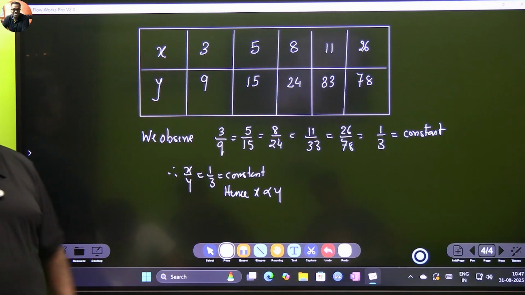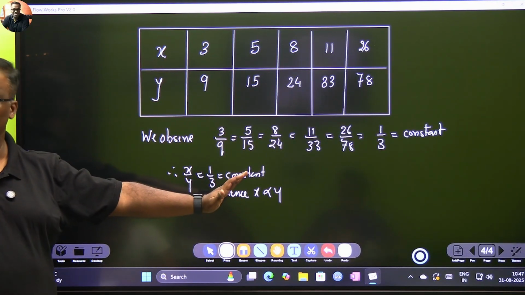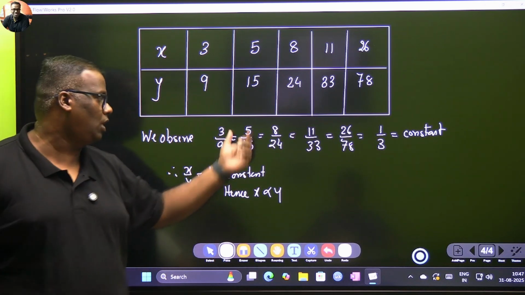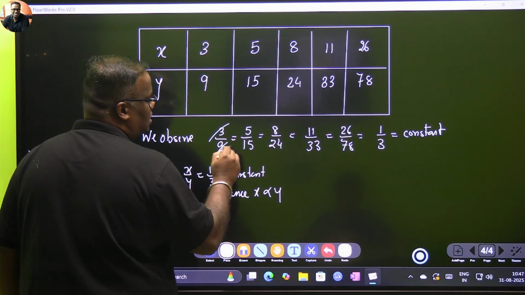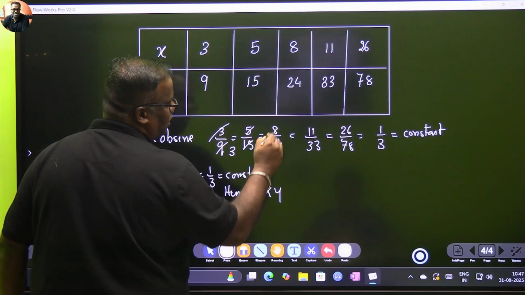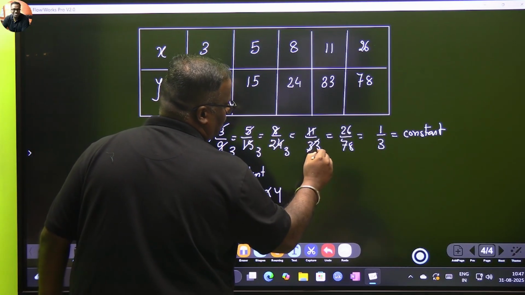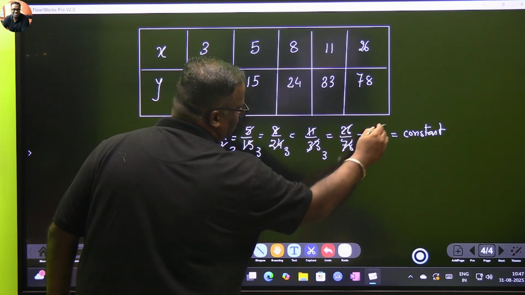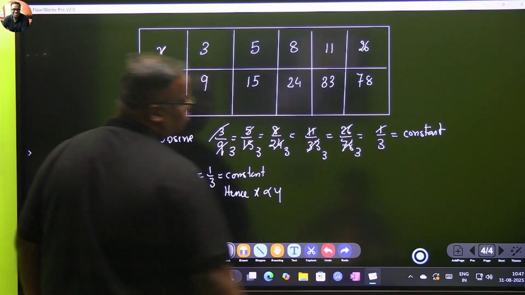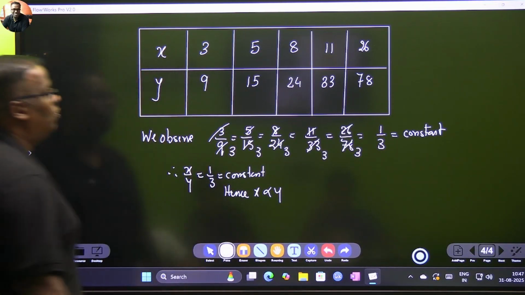This is how you do it. Everything is proportional. Have you understood? If you can check, 3 3s are 9, 5 3s are 15, 8 3s are 24, 11 threes are 33, oh sorry, this is 1 by 3. So everything is 1 upon 3. And what did we understand?